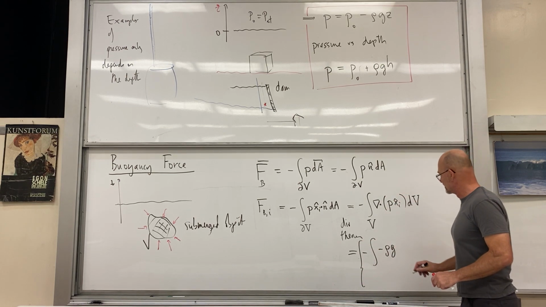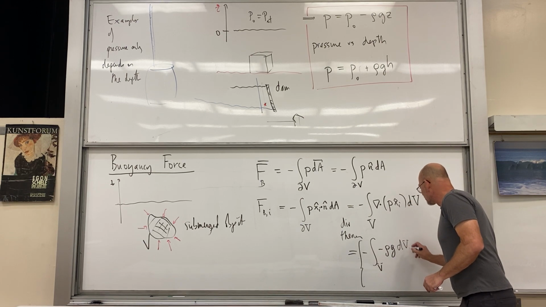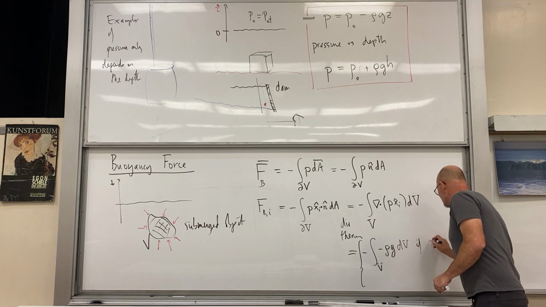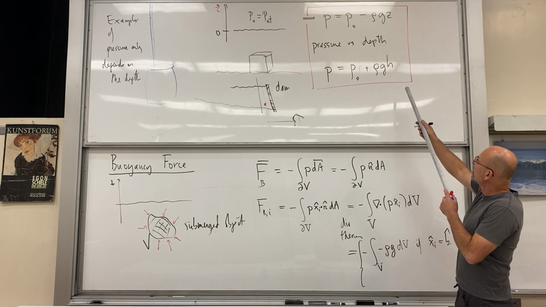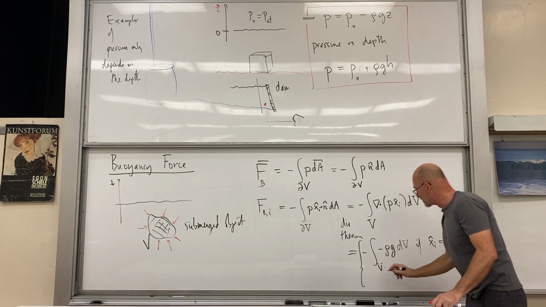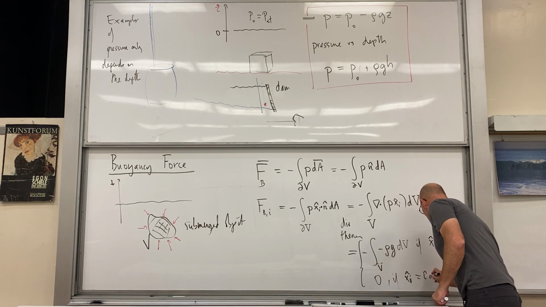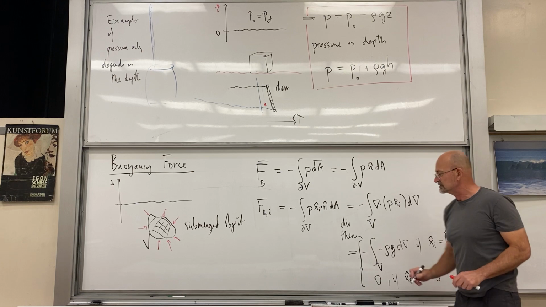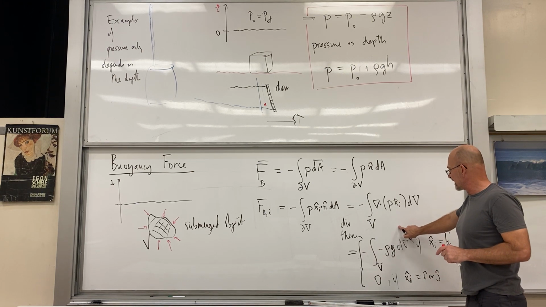We'll do two cases over the volume: if x I hat is equal to k hat. Otherwise, right, we're using that function right up there, we get 0, if x I hat equals I hat or j hat. Okay, so there's our expression.